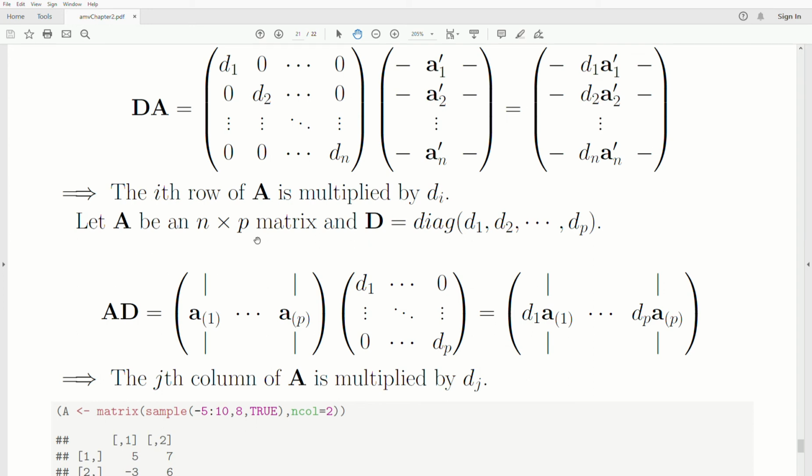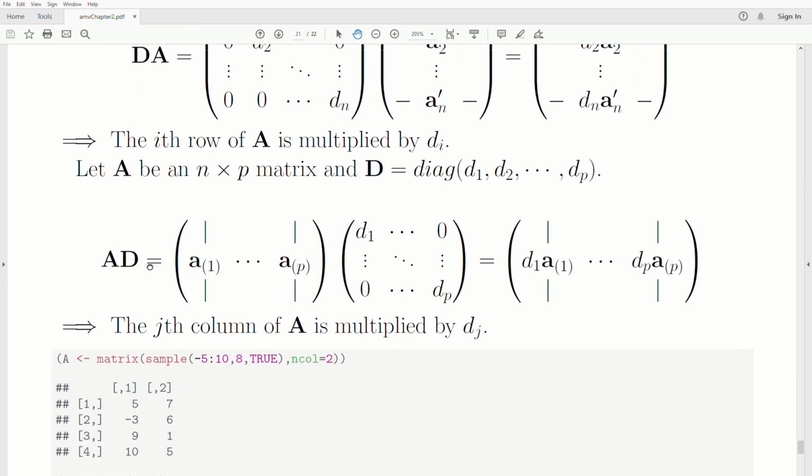And it's just the opposite here. So if we take A times D, then when this is times this matrix, D1 is multiplied by the first column, and the rest are zeros. So these all drop out, and we're left with this entry. And it's the same all the way down.